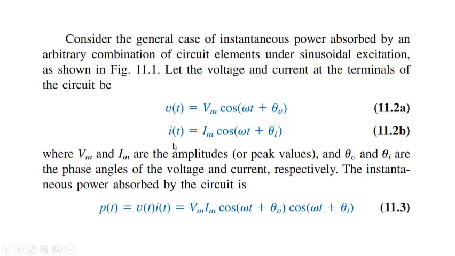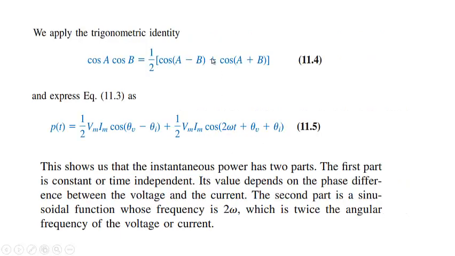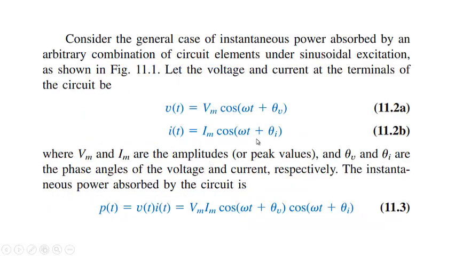The instantaneous power, given by the product of v(t) and i(t), will be Vm Im cos(omega t plus theta V) cos(omega t plus theta I), which is simply the multiplication of these two. So using the relation cos A cos B equals 1 by 2 times cos(A minus B) plus cos(A plus B): A minus B will be theta V minus theta I, as omega t cancels out.